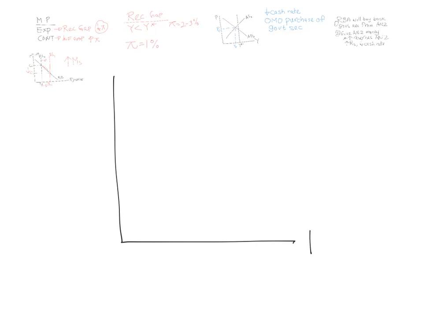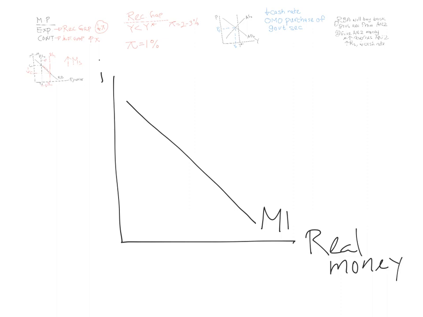This is the amount of real money balances, this is your nominal interest rate, and this is the customer's demand for money. Let's say initially this was the money supply. The nominal interest rate was I0, and the quantity of money demanded was, let's say, X0. So this is the original situation.